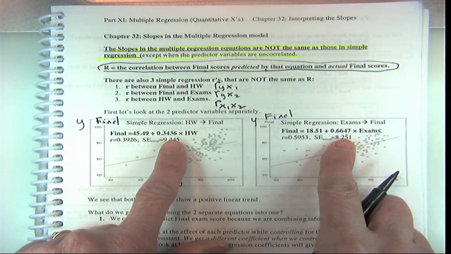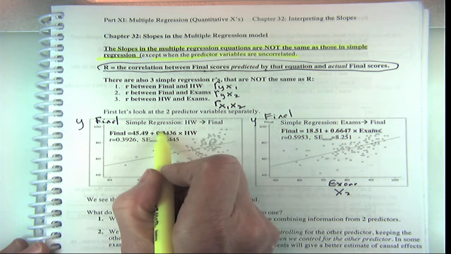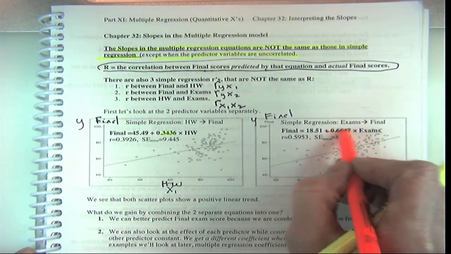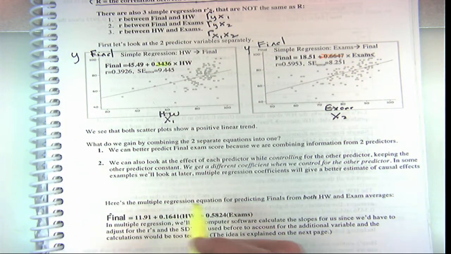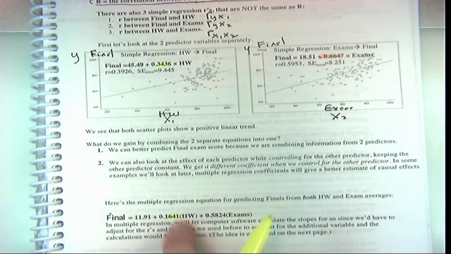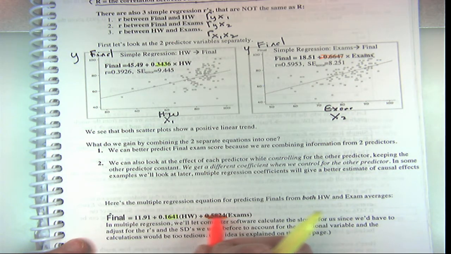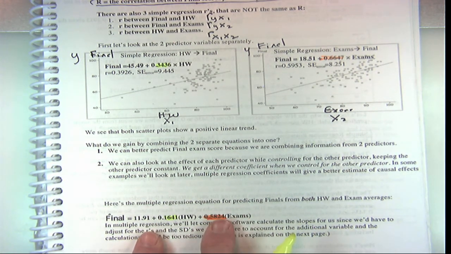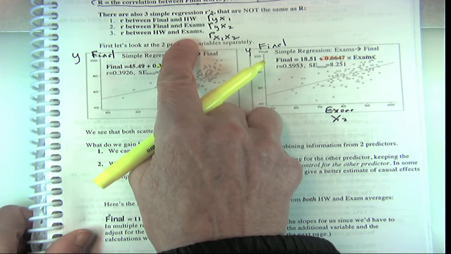And what I'm saying is that these slopes right here, this is X1, and we'll say this is for the exam, are not the same as these down here in the multiple regression. See how it went down? The homework slope went down, and so did the exam slope. And they're always going to change if this correlation between homework and exams is non-zero.